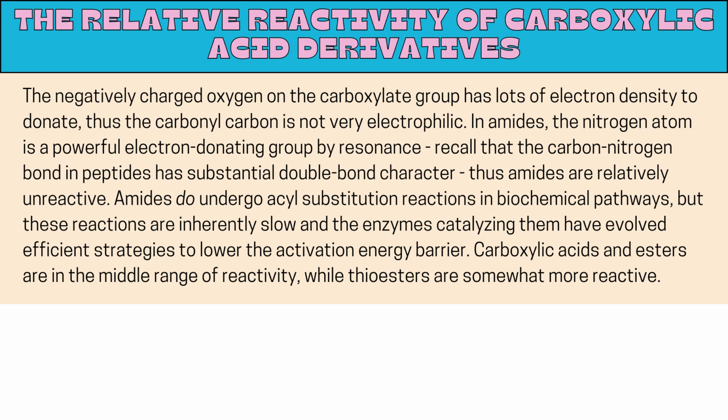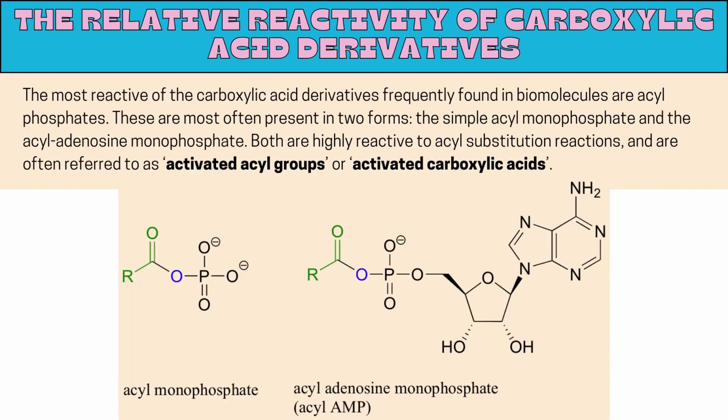Carboxylic acids and esters are in the middle range of reactivity, while thioesters are somewhat more reactive. The most reactive of the carboxylic acid derivatives frequently found in biomolecules are acyl phosphates. These are most often present in two forms, the simple acyl monophosphate and the acyl adenosine monophosphate.